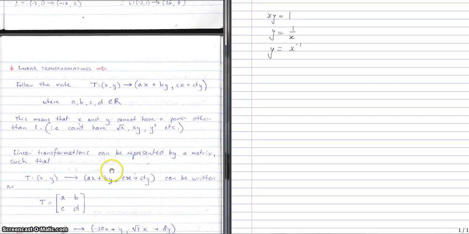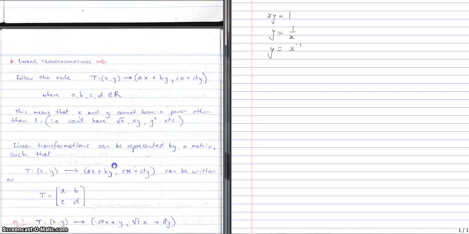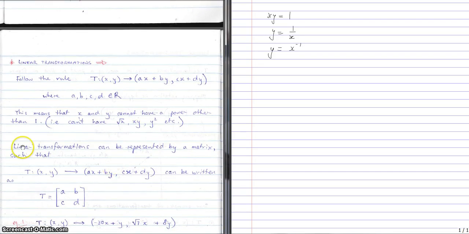So we need to understand that linear transformations can be represented by a matrix. Okay, this is where the matrices come in. Our way of expressing it here as a transformation is according to that rule we've just seen, but it can be written simply in matrix format as T equals [a, b; c, d].